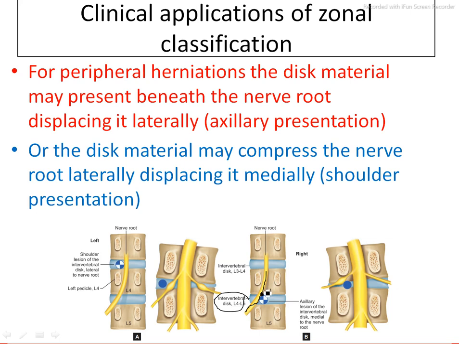So somewhere here there goes your L5 nerve. So when there is paracentral disc herniation, then L5 will be mostly affected. But when there is foraminal or extraforaminal disc herniation, then L4 is affected. So this concept you need to keep in mind.